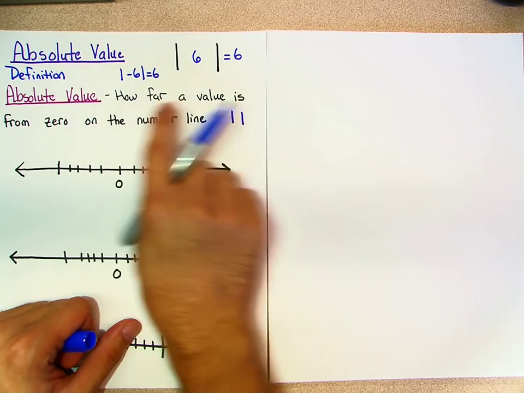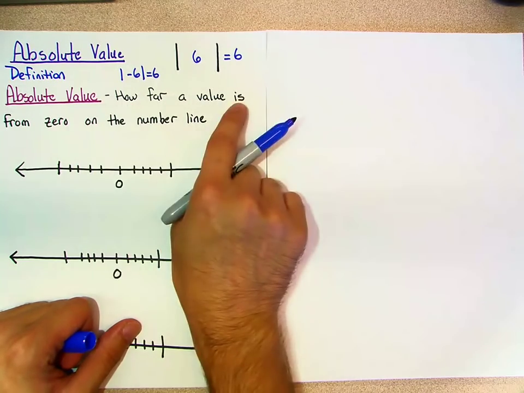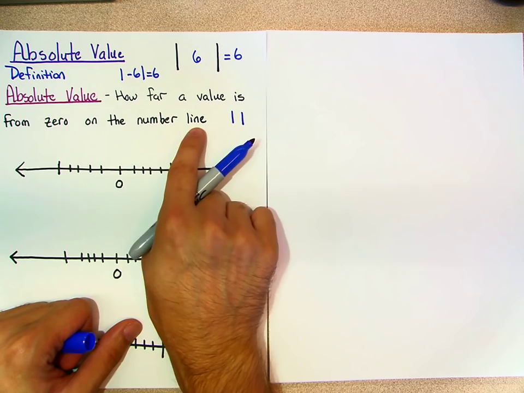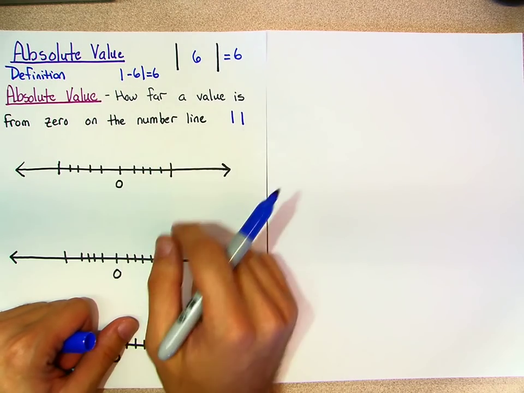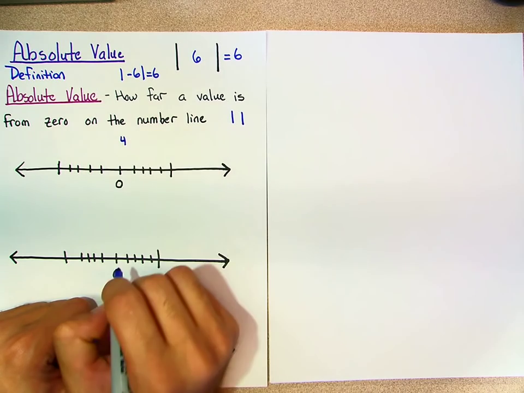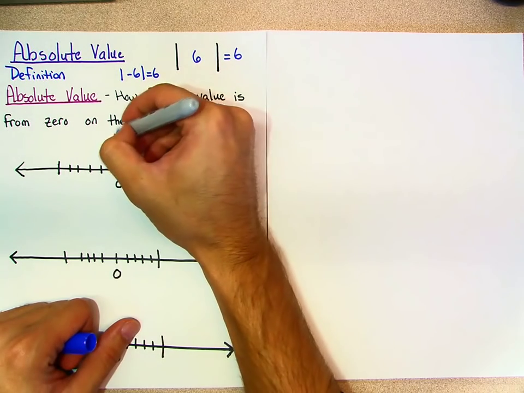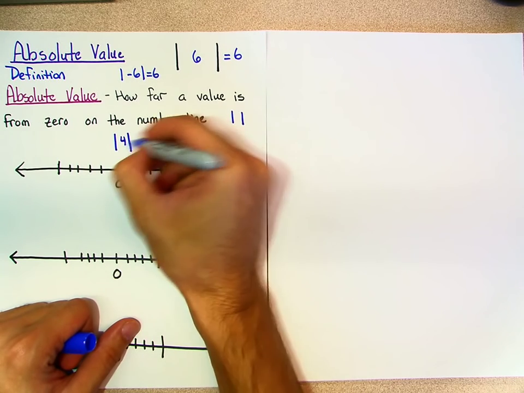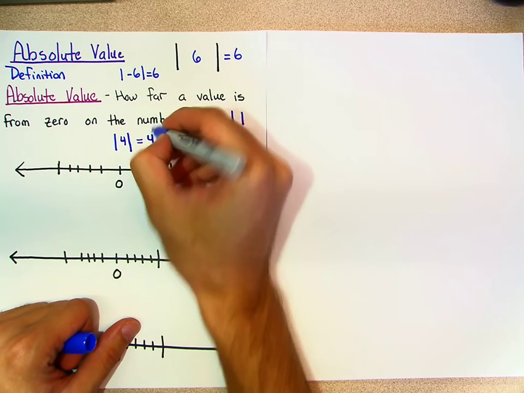And this is the definition. How far a value is from 0 on the number line defines what it means to be absolute value. So, for example, let's say we have the number 4, and I want to find the absolute value of 4. Well, you say, Mr. G, it just becomes positive, right? Well, yes, it is 4.